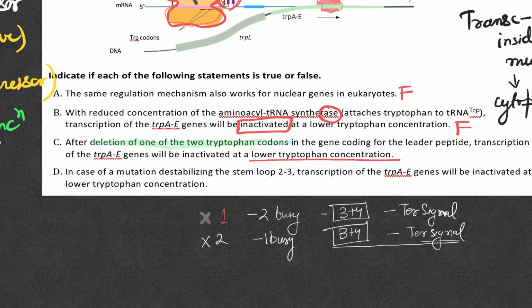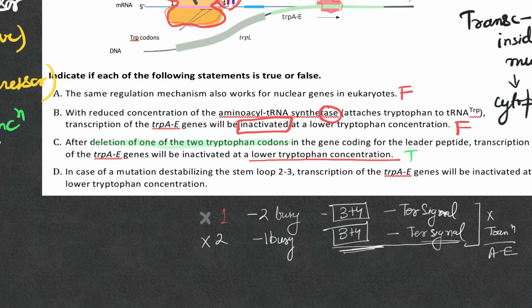So even if I have lower tryptophan concentration, there will be no transcription of A to E genes. Why? Because the termination signal will be formed. So transcription will be inactivated. That's a yes for us.